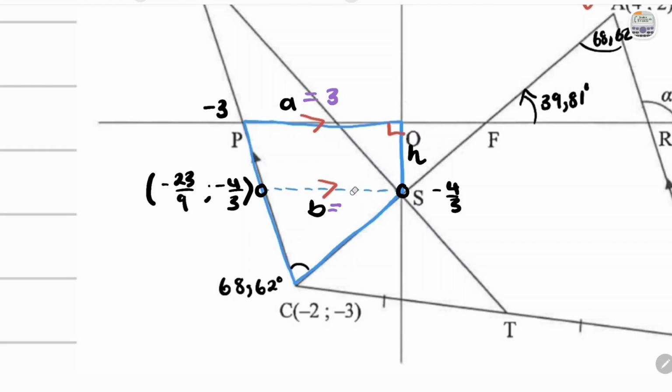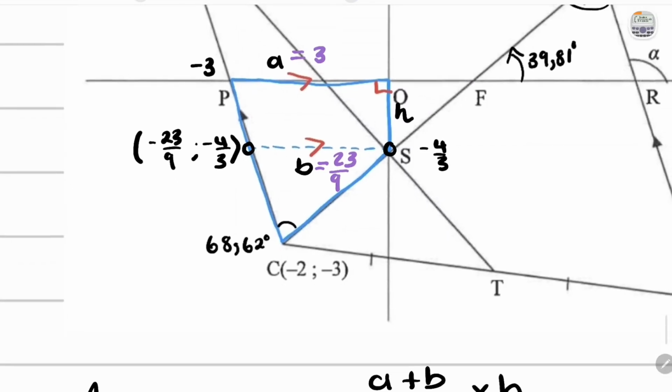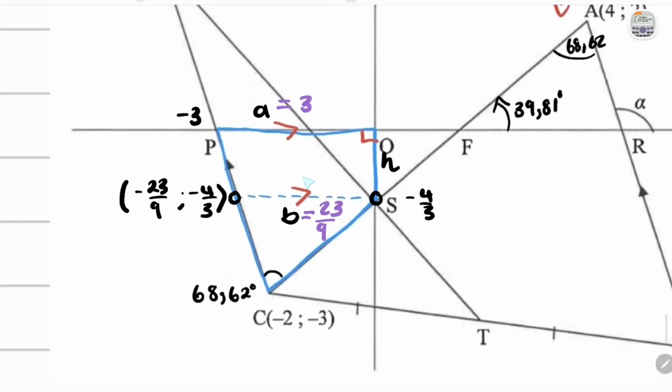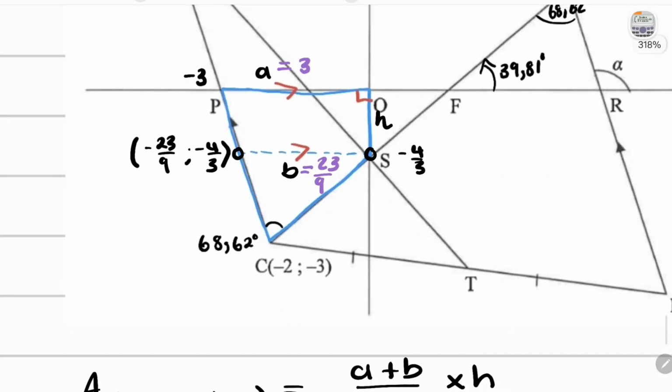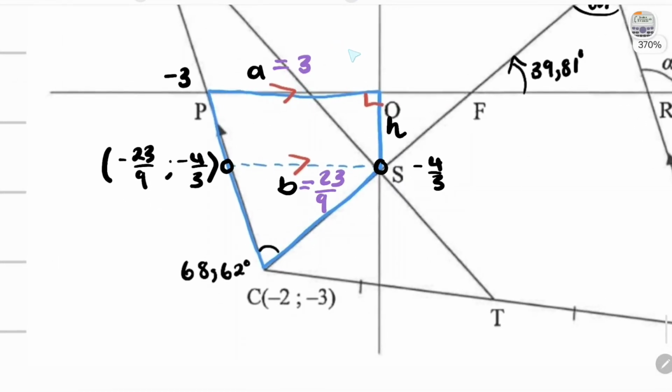That means the distance is 23 over 9 because you just went 23 over 9 units to the left. So we know that and we know that, and that is enough to find the trapezium. With the triangle, we would need one more thing, which shouldn't be difficult to find as well. It's better to just find it all at once. So with the trapezium, we've got the top and the bottom.